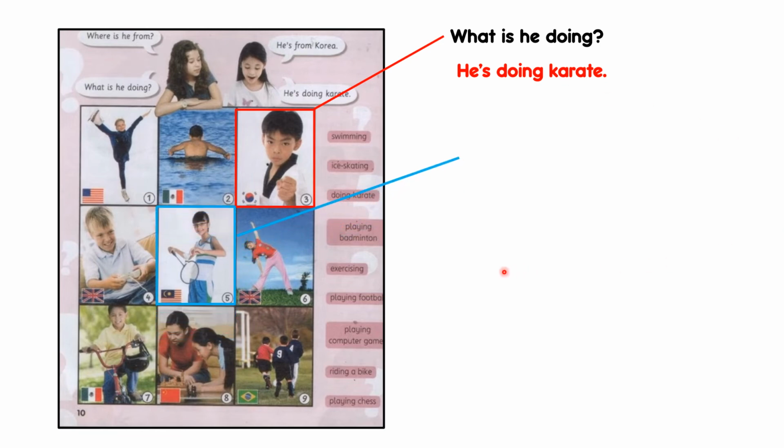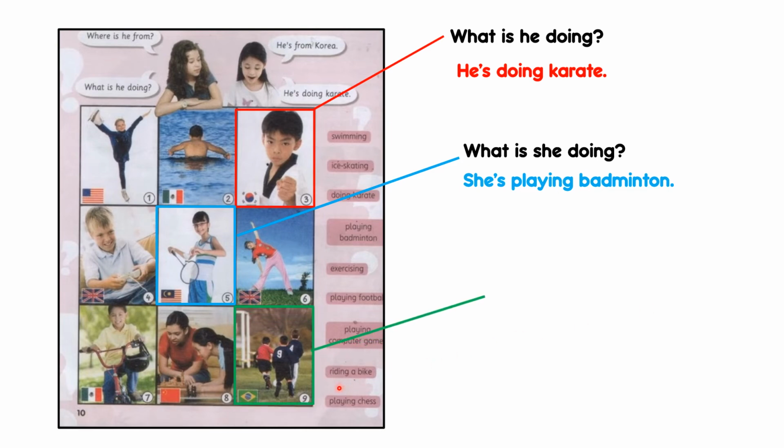Next picture, look at picture number 5. What is she doing? If we look at the picture, the answer is playing badminton. How to answer it in a complete sentence? She's playing badminton. Next picture, picture number 9. What are they doing?